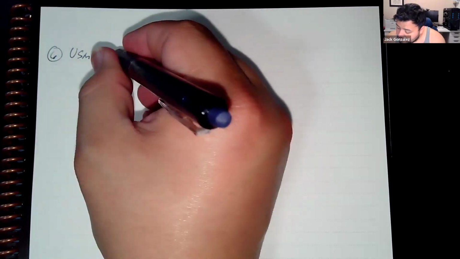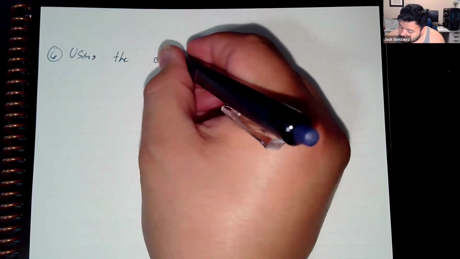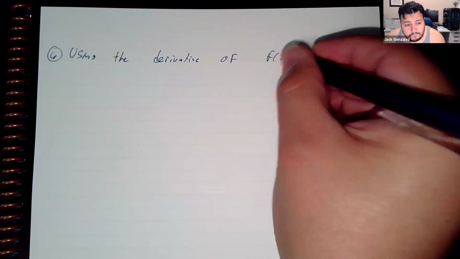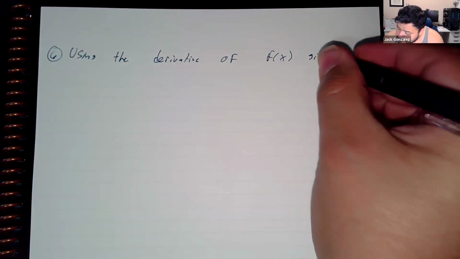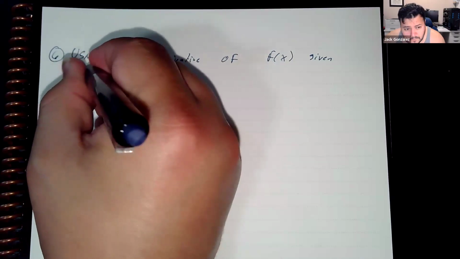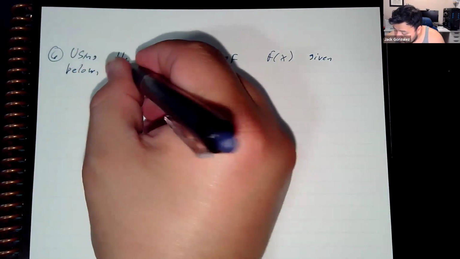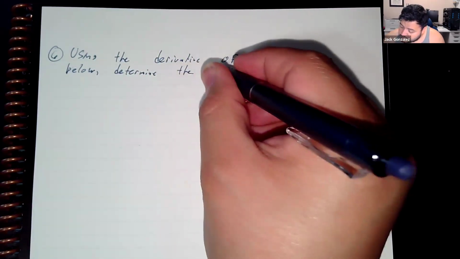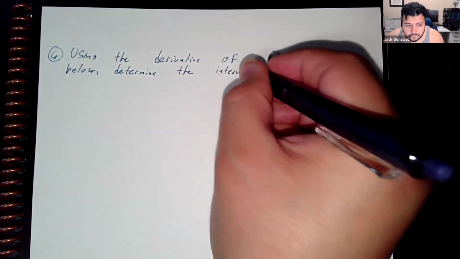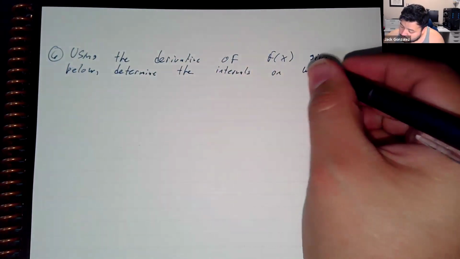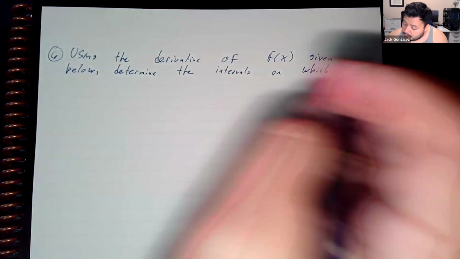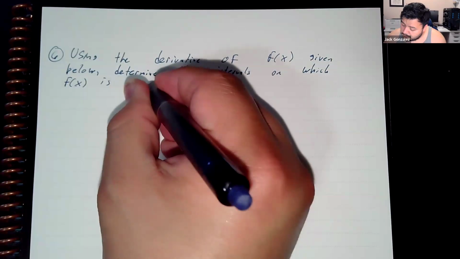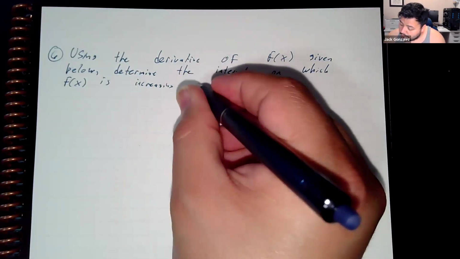Okay, so using the derivative of f of x given below, determine the intervals on which f of x is increasing or decreasing.